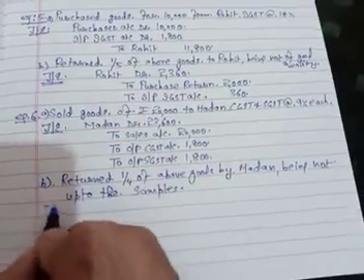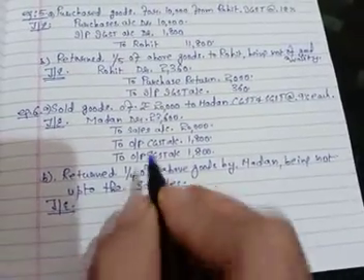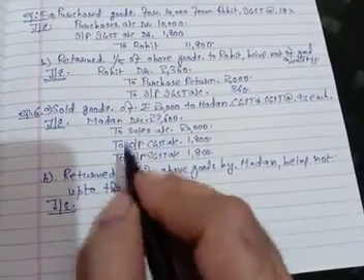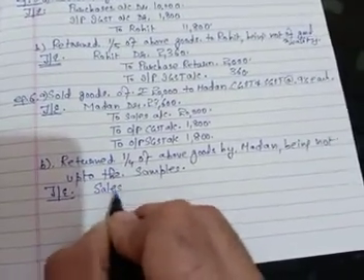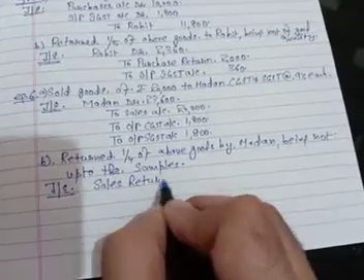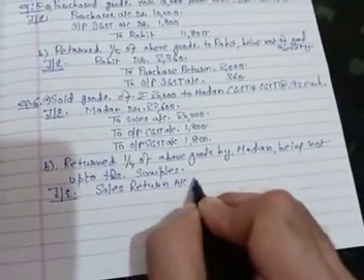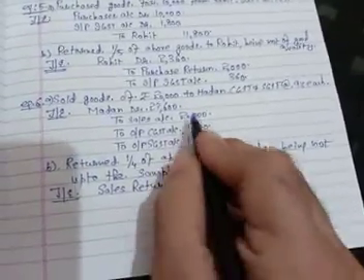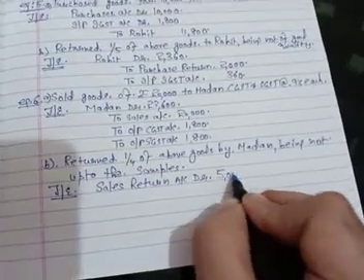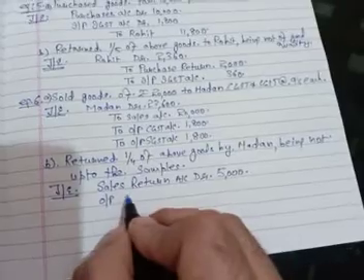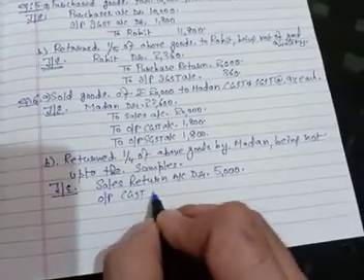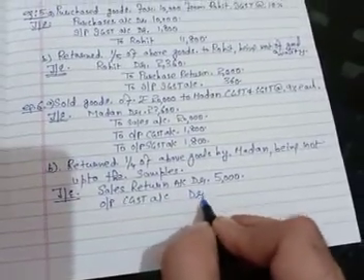So the journal entry for this will be, here also the output CGST and SGST will be reversed. The entry will be sales return account debit. 1/4 of 20,000 is 5,000. Then output CGST account debit.